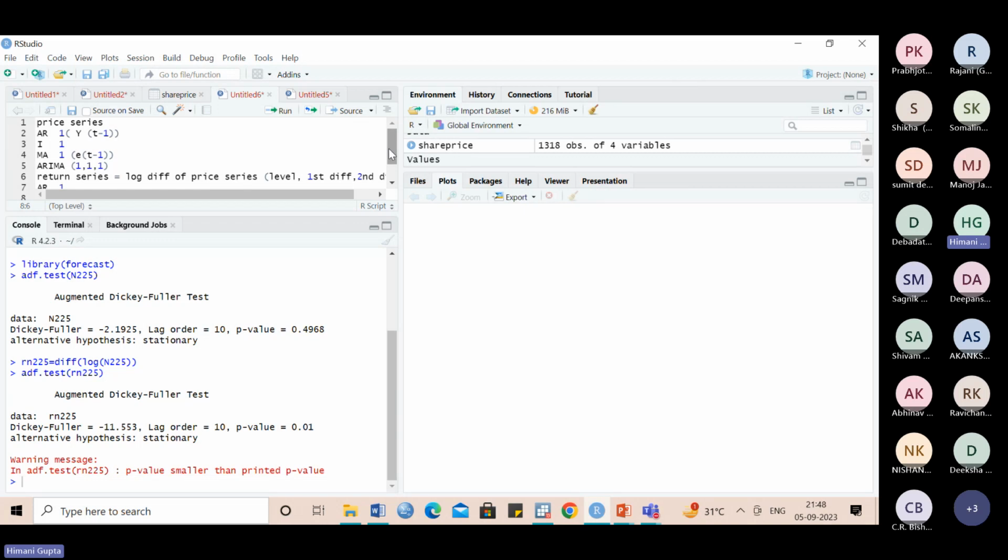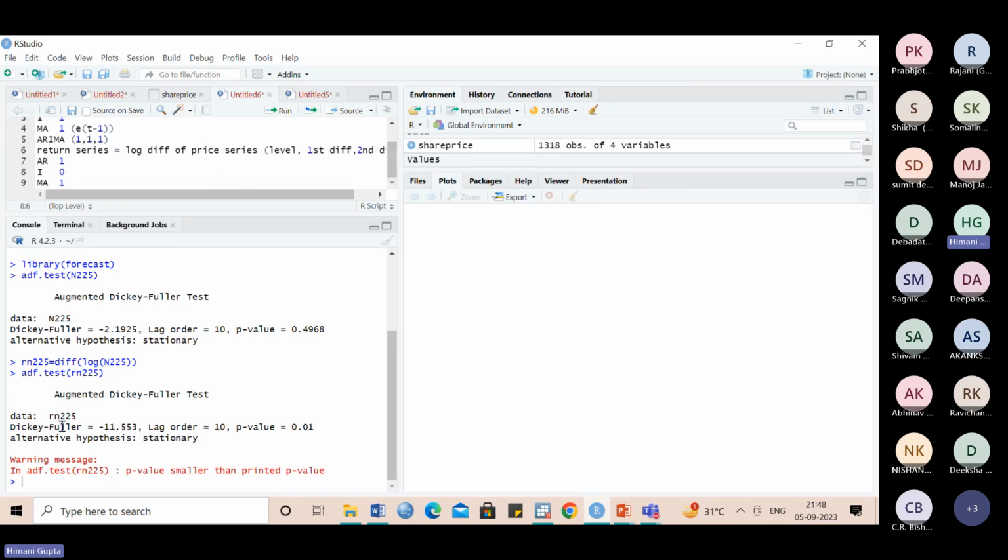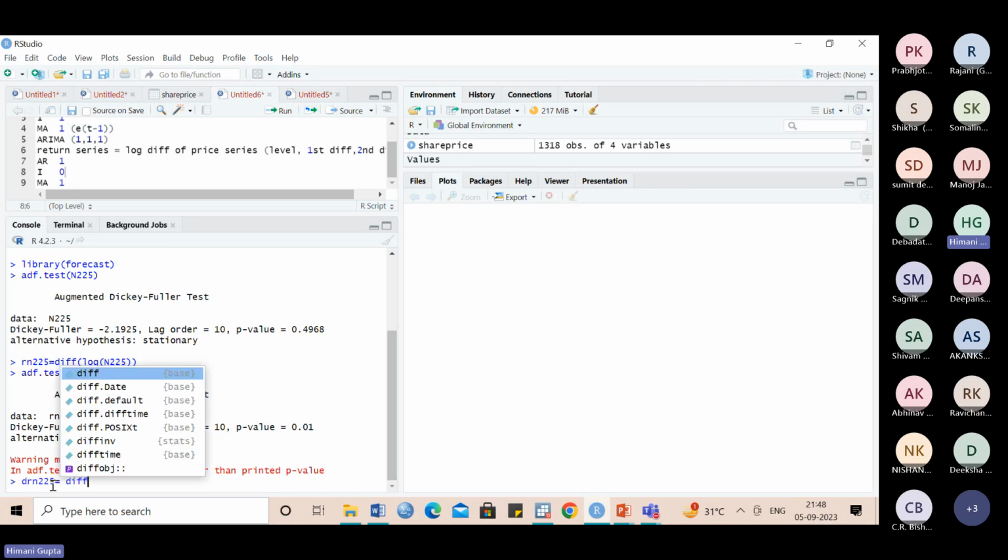But now if I am working on the return series, if I create the model using this Rn225 dataset, it is stationary at its level only. I have not differenced this Rn225. I have not created one more variable Drn225 equals difference, because there is no need.